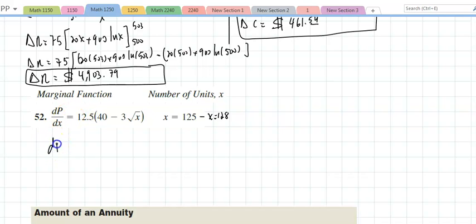And if I tackle the last problem, which is talking about the profit, this is the marginal profit. Well, that means dP is 12.5 into 40 minus 3 radical x dx. And if I integrate, I'll get the profit.